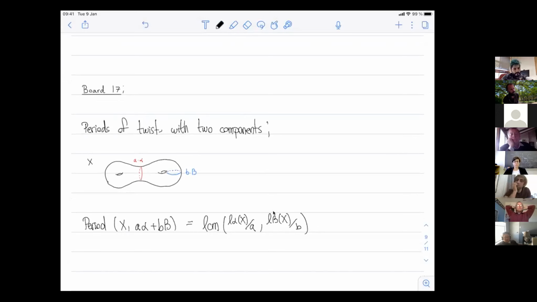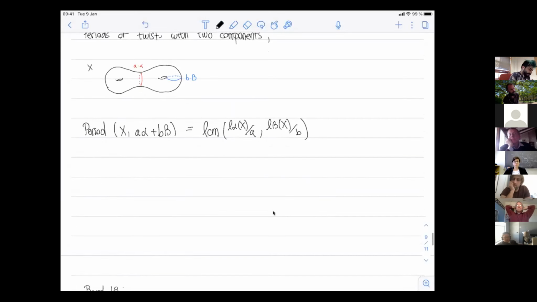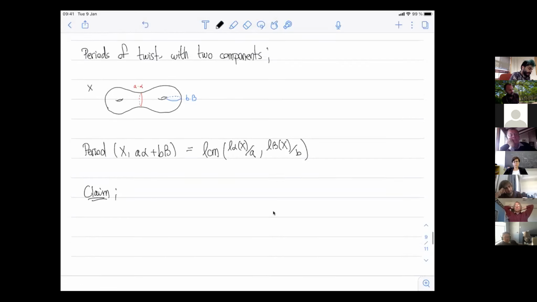And now the claim that I won't prove for time reasons, but I just want to state it. Let me mention one other thing about the periods. One extra thing is that your conjugacy F, remember that this conjugacy had the property that E^t composed with F is equal to F composed with E^{st}.